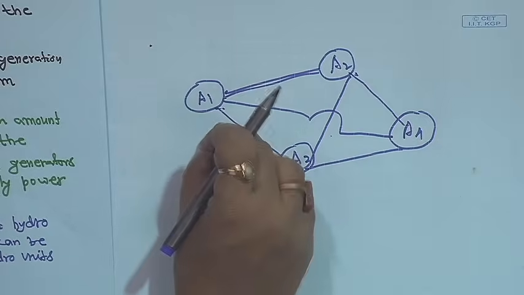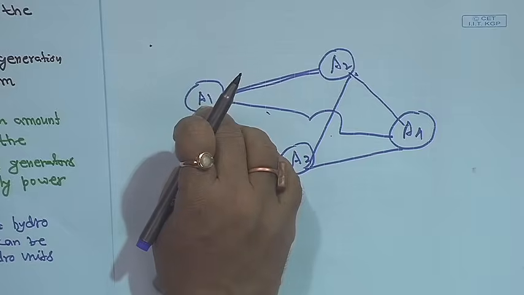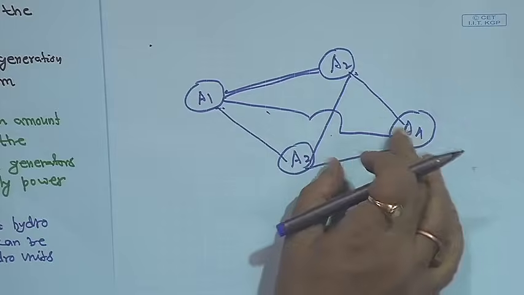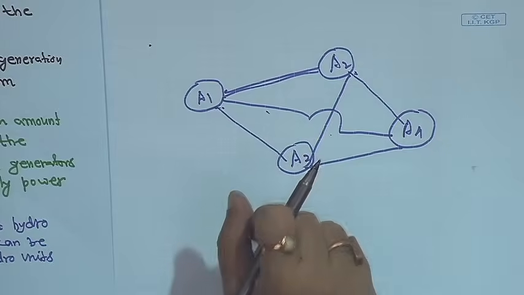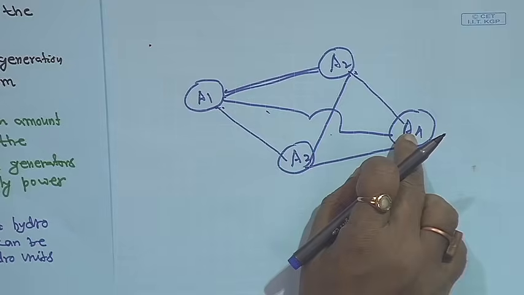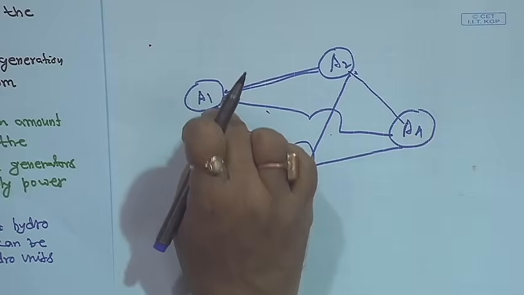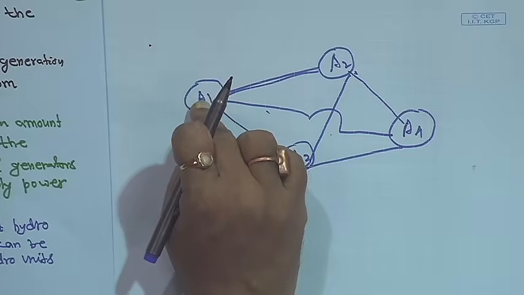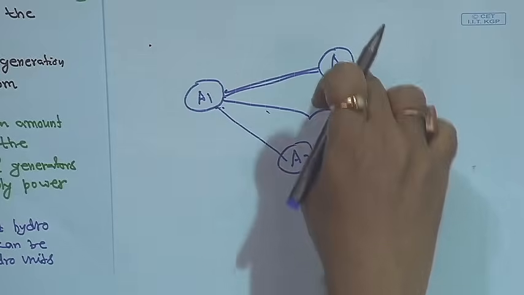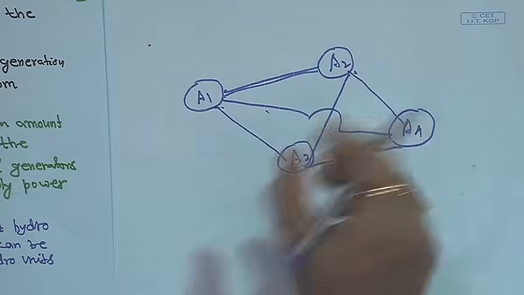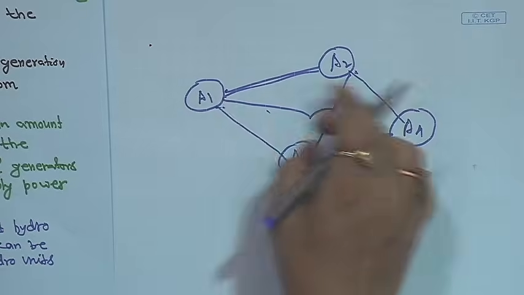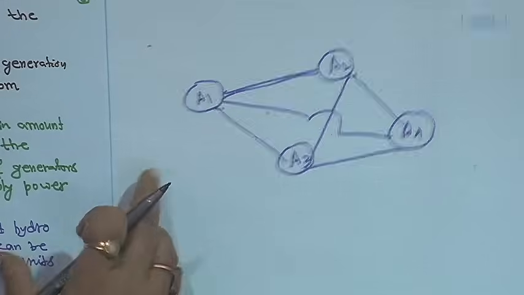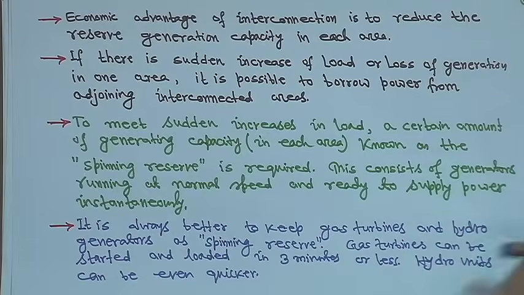because here the load demand is more but its generation capacity is less. So at that time this particular area can borrow or purchase power from these 3 areas if it is interconnected. Although here the load is more and generation is less, that means its reserve capacity is less, assuming that the other power systems have sufficient reserve capacity, it can borrow power from other interconnected power systems. So that is the advantage.